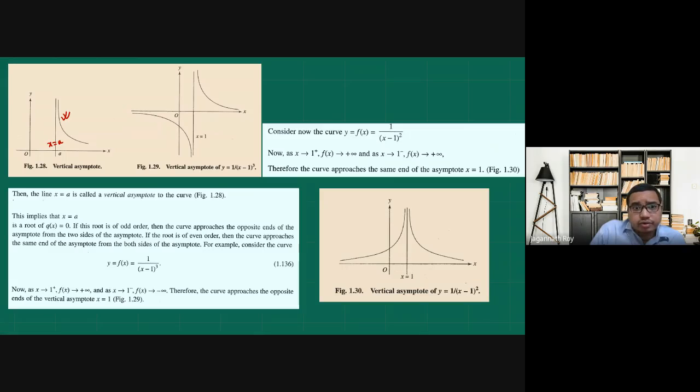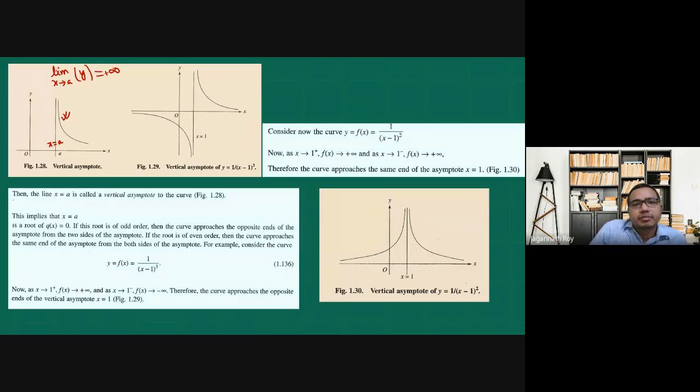Then we know that as x is tending to a, this y limit becomes plus infinity. Then we can say that x equals a is a vertical asymptote.